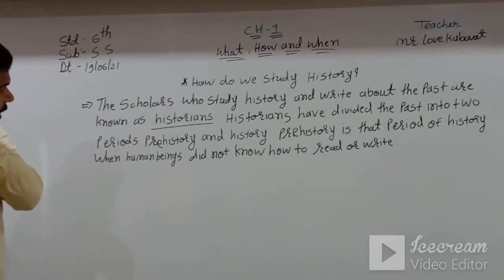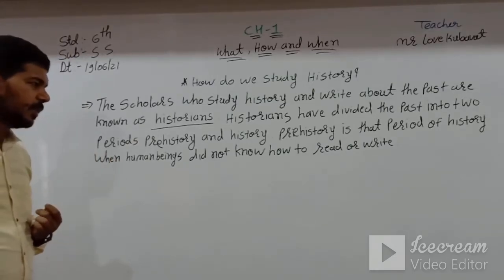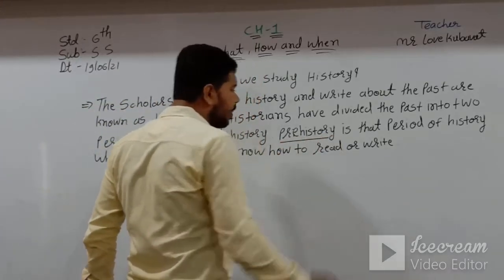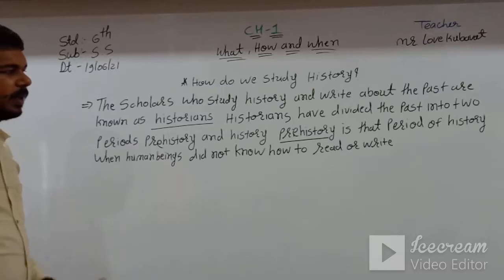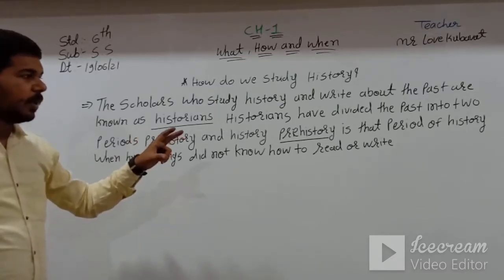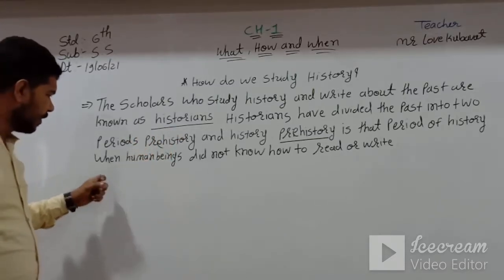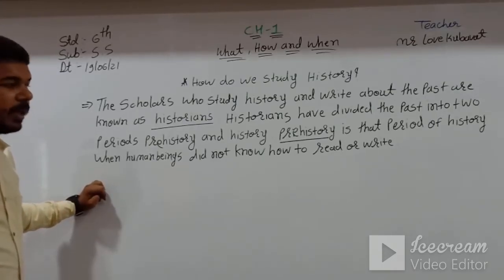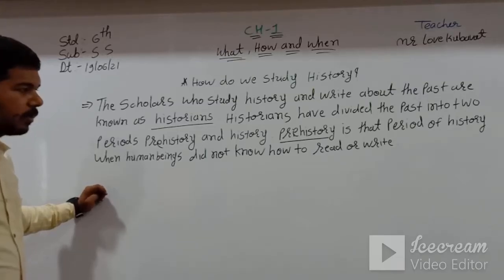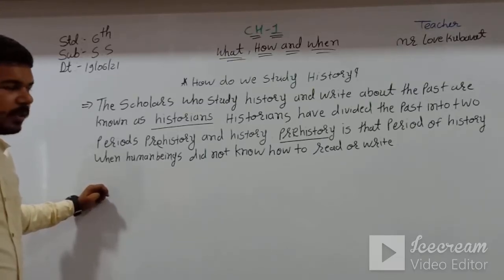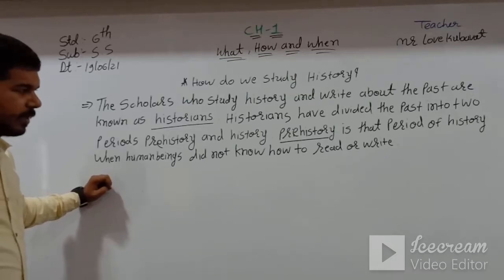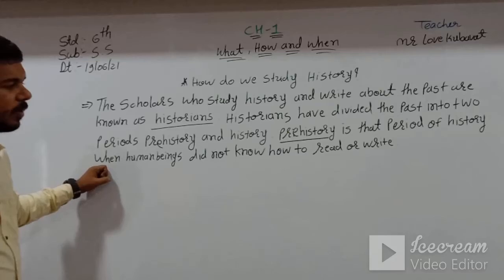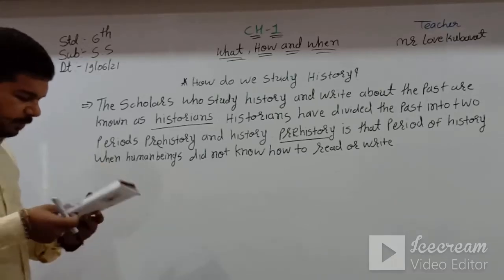Then you ask the question, sir, what is prehistory? Here is the definition. Also underline this word. Prehistory is that period of history when human beings did not know how to read or write. Many years ago, we did not know how to read and write. That's why this is called prehistory.